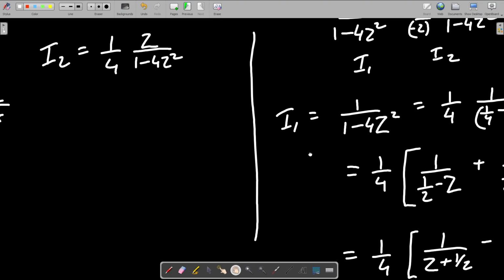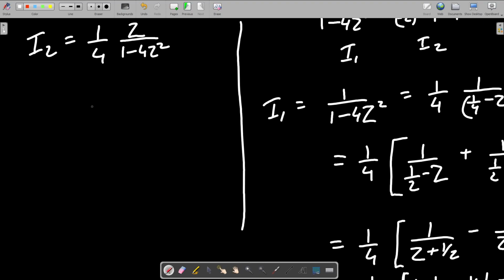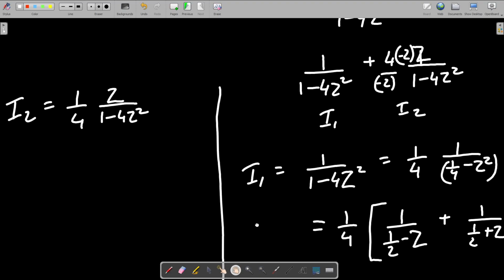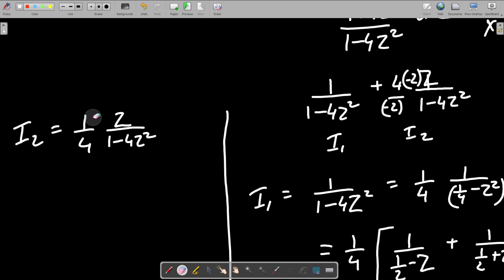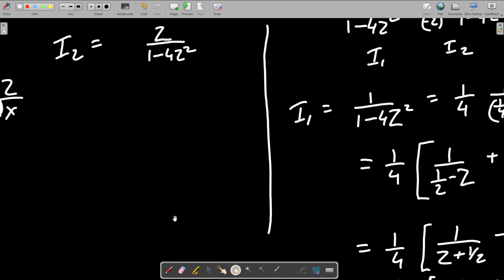Yeah, so here I'll balance it with a 2. Oh, sorry, it's 4 in the numerator, not denominator, no? Sorry. 4z it was the question.